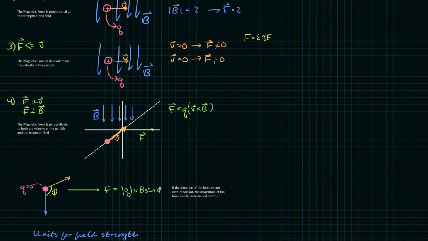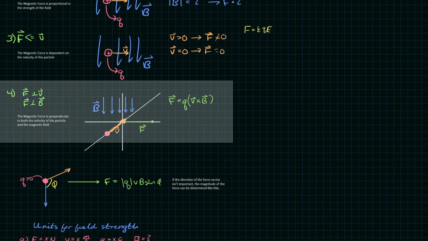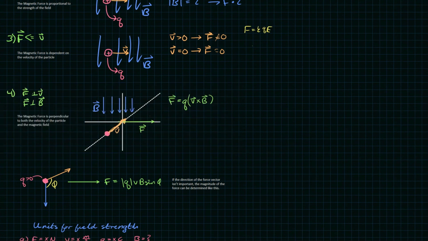And then the other big complicated bit is right here, is that the force does not align with the magnetic field. The magnetic force is perpendicular to both the velocity and the magnetic field.